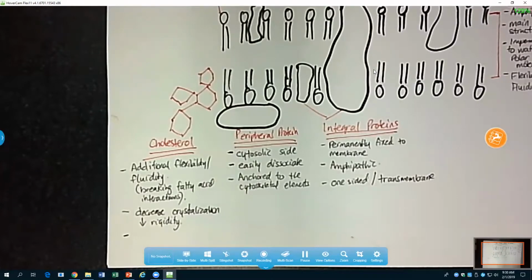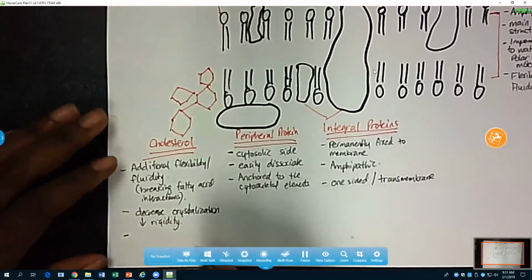So they offer this integrity to the membrane where it's not leaking. Water cannot easily move through the membrane. We don't want intracellular fluid just leaking out of the cell through the membrane. And we don't want extracellular fluid leaking through the cell as well. Having cholesterol here helps to prevent that movement of water through the cell membrane.